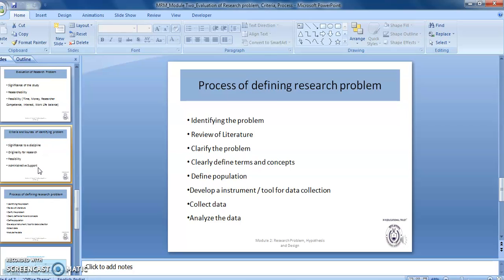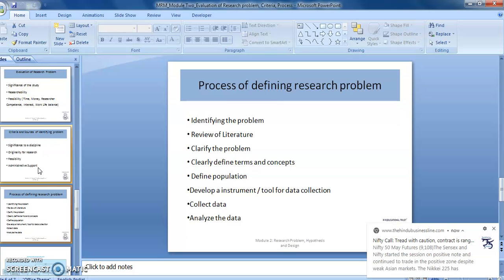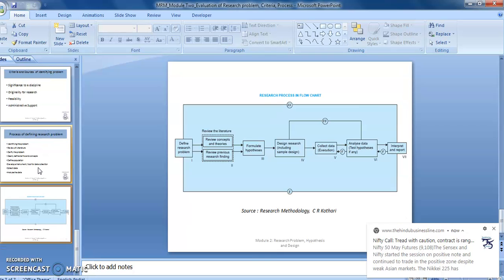From that, let us say you have about 1 crore children. You take about 5,000 kids and try to do a research. That is called a sample. Then you develop an instrument and a tool for data collection, after which you collect data and lastly you analyze the data. So this is a brief process in the form of a flow chart, which I have copied from the research methodology resource book that I shared with you, C.R. Kothari.